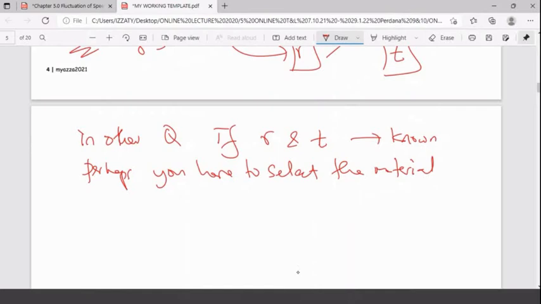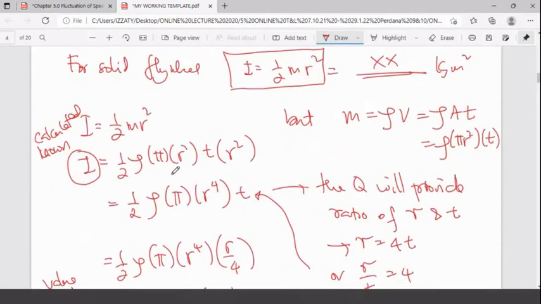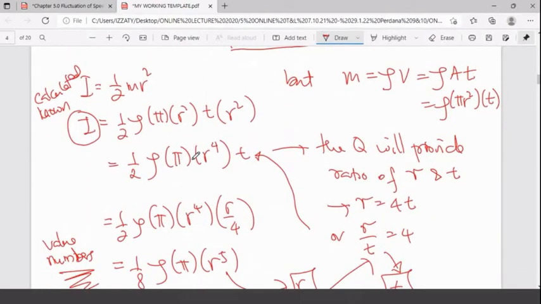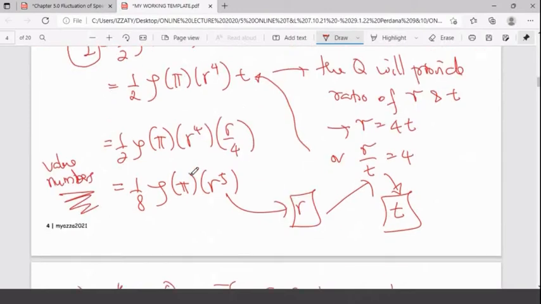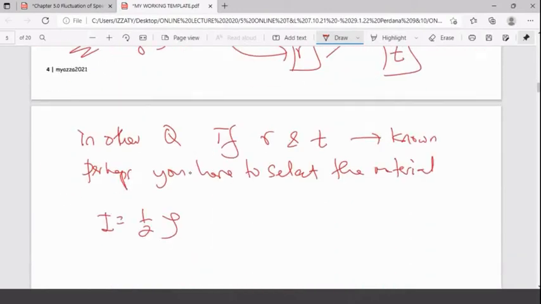So you have I equal to half rho, this one just now, put it there from the very beginning. We have rho, put it there R, pi r to the power of 4. So this one all known.